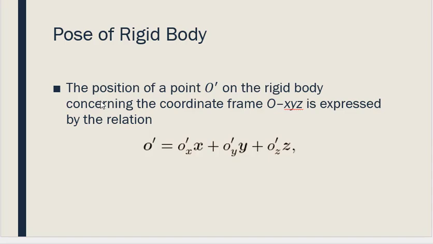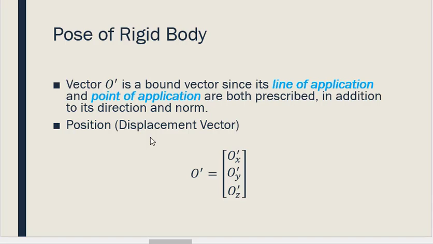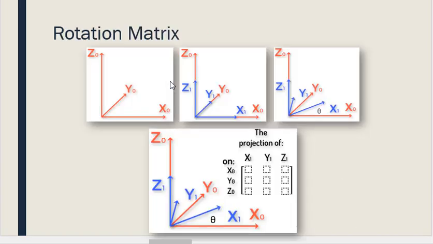This is the pose of rigid body formula, and I'm not targeting that. Our target is the rotational matrix. If we consider rotational matrix, we will always think in 3D. In 3D position, x naught, y naught, and z naught.